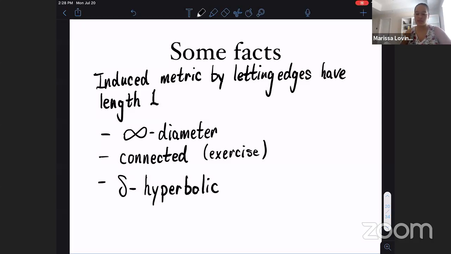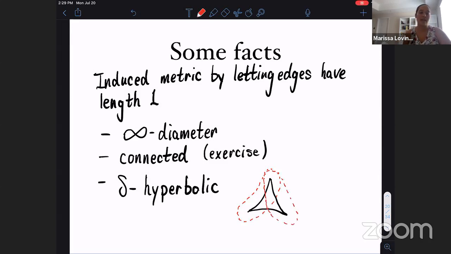Okay, and so I'm just going to draw a picture of what I mean by that. What I mean by delta hyperbolic is that whenever I have a triangle in my complex, if you take a delta neighborhood of 2 of the sides, then my third side is contained in the union of those delta neighborhoods.